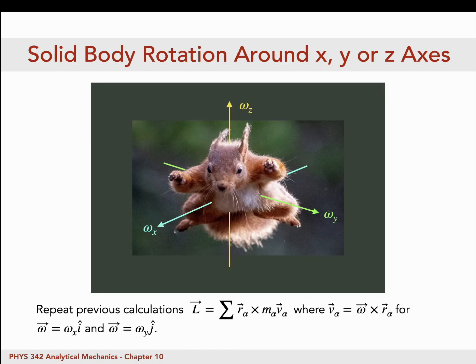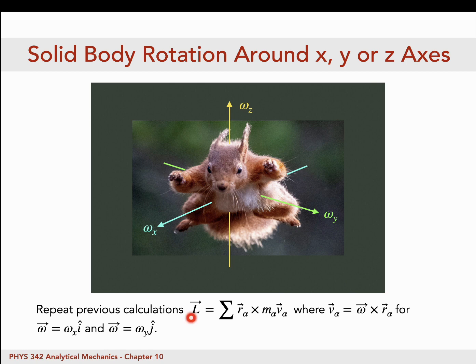All right. So now we want to think about the general case. We don't want to be restricted to just rotations around the z-axis. We want to have any axis be the rotation axis. So we can do it pretty straightforwardly by applying the previous method to the x and the y axes.